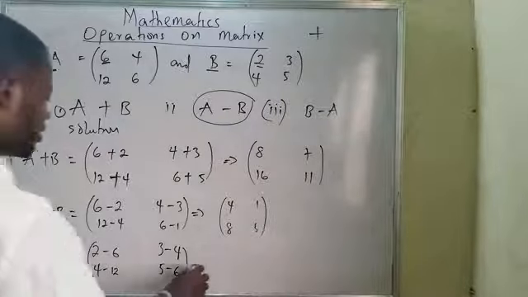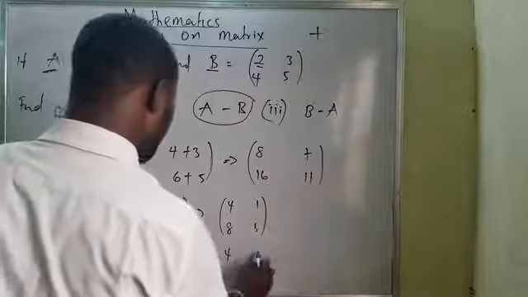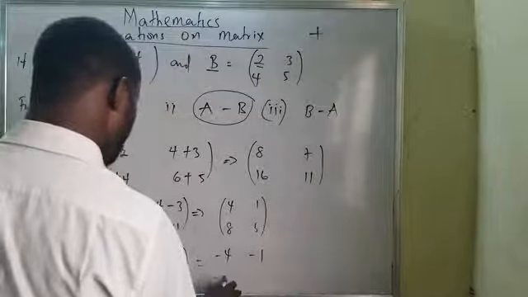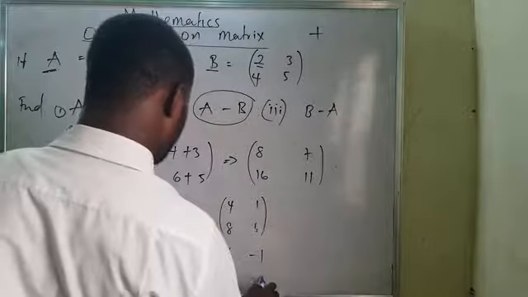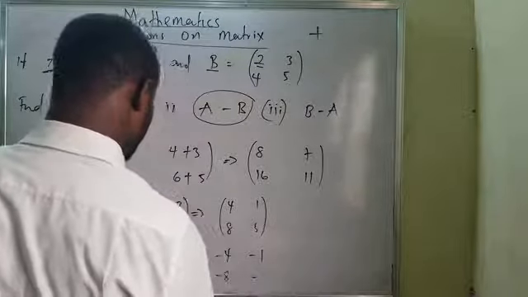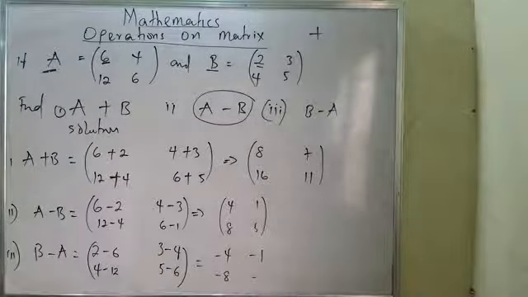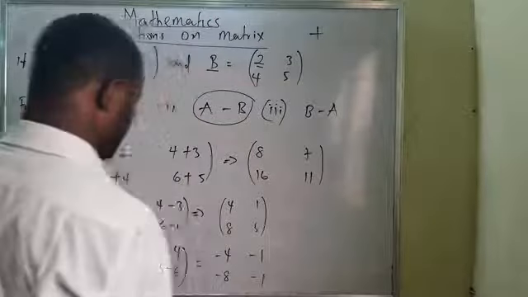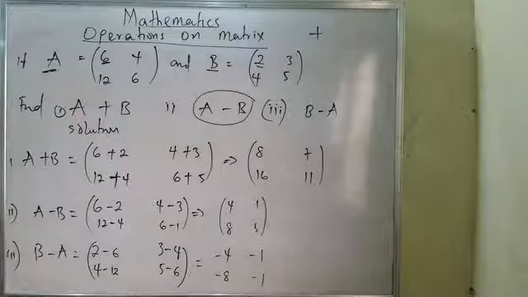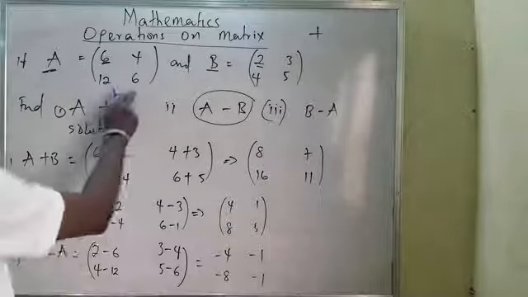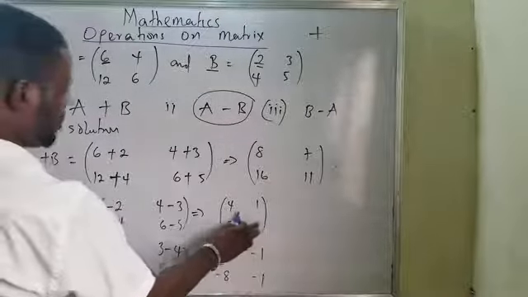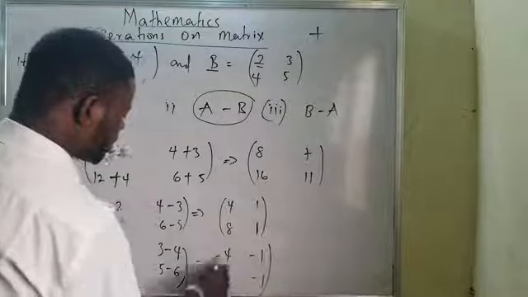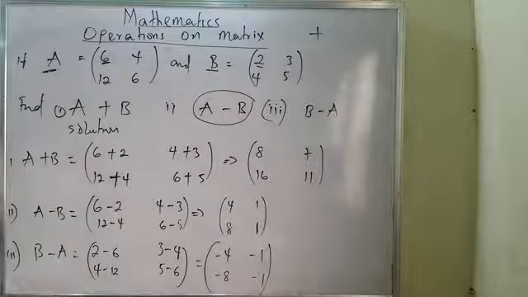I'll be having minus 4, minus 1, minus 8, and minus 1. Why did I say 1? Sorry. It means I made a mistake here. 6 minus 5 is 1. Can you see? That is the difference you need to understand.